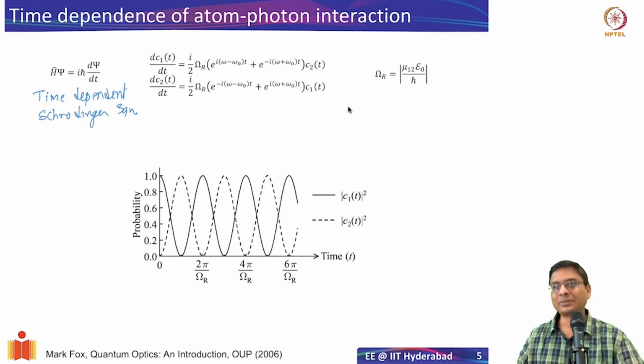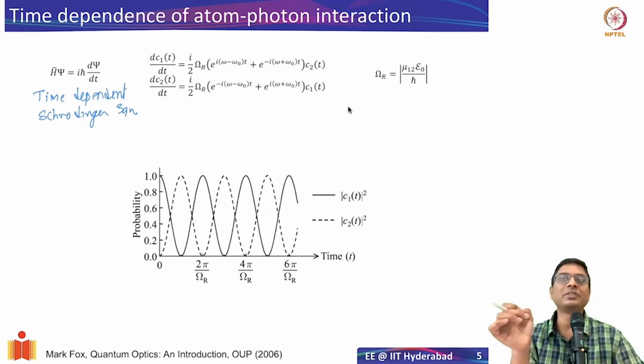Remember we talked about the coefficients C1 and C2 for the wave functions. Now I can write an expression for the time variation of these coefficients.